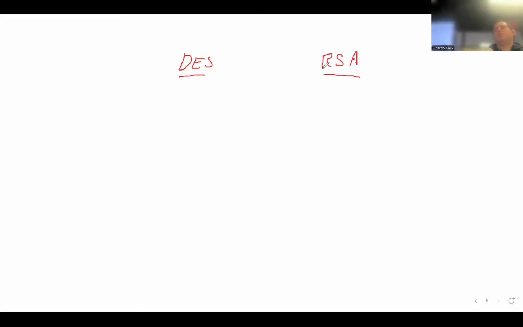RSA, remember, is for sending the key. So as far as speed, DES is 100 times faster than RSA.